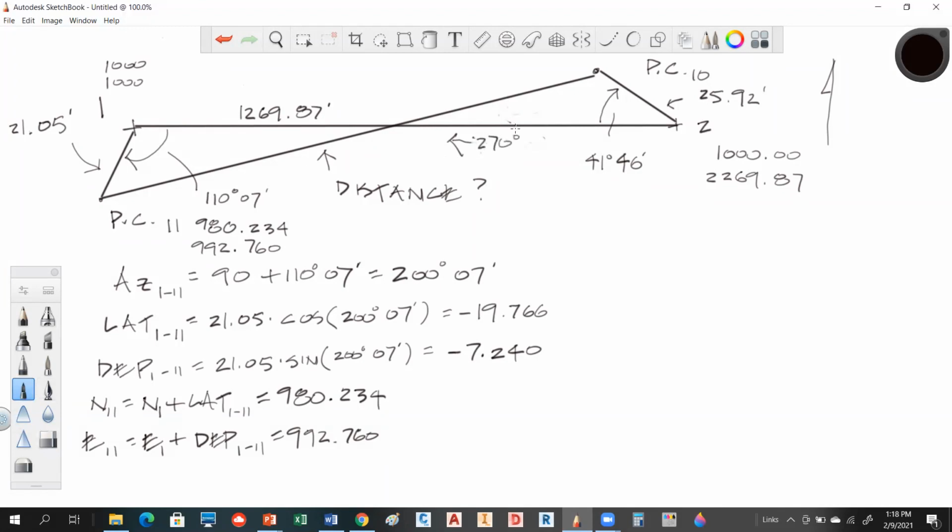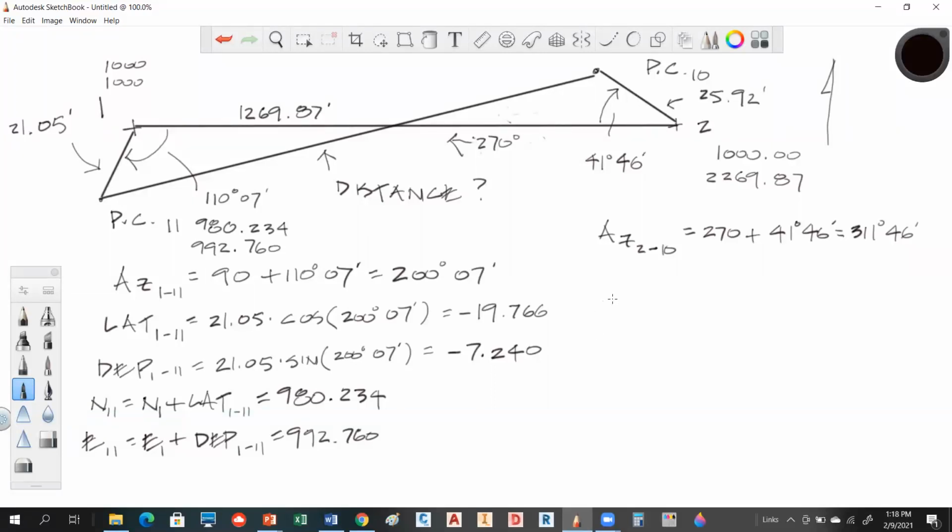That's another advantage of using what I did. All right, so now my azimuth from 2 to 10 is just going to be 270 plus 41.46, 311.46. You guys agree with that? Yep.